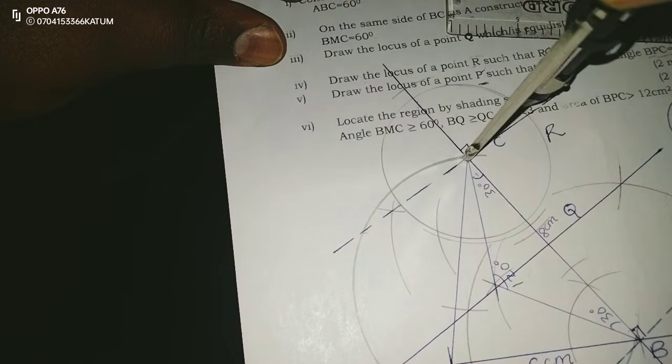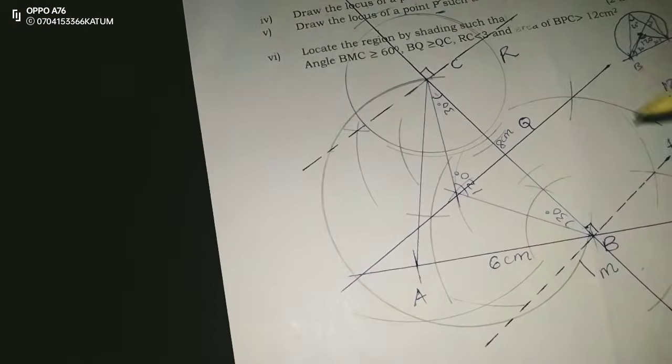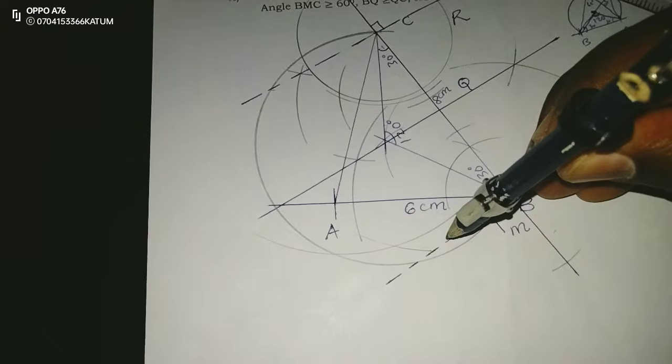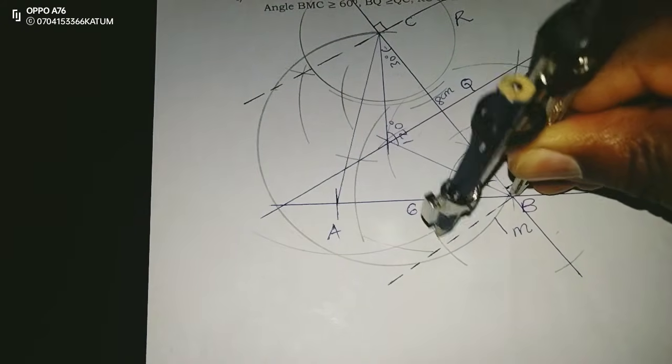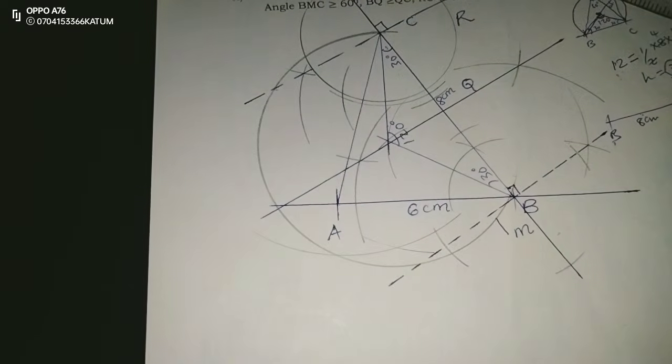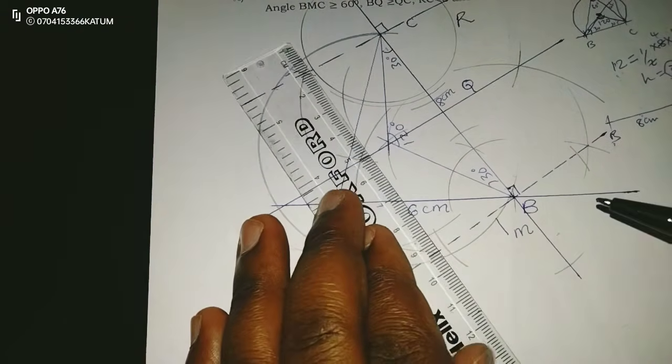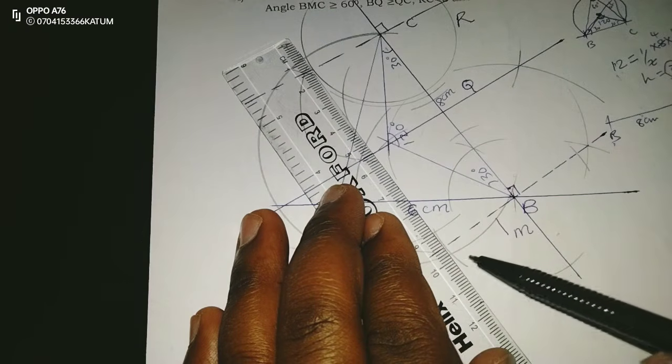And on the other side. Then, when I come to B, I do the same. Standing at B, I will need to make an arc. Then I make an arc on the other side. So this means when I join those arcs, I'll be having very parallel lines to BC.